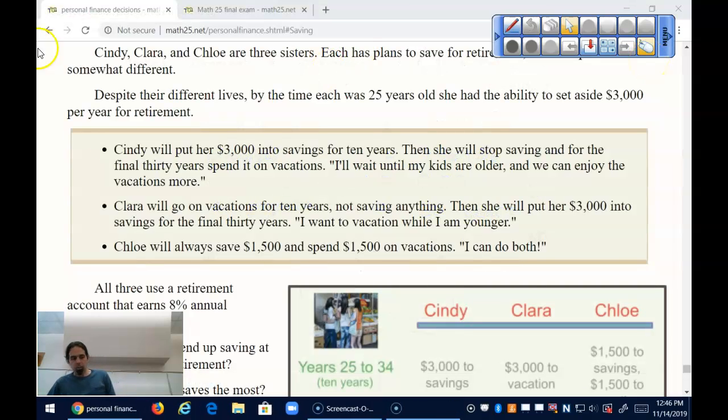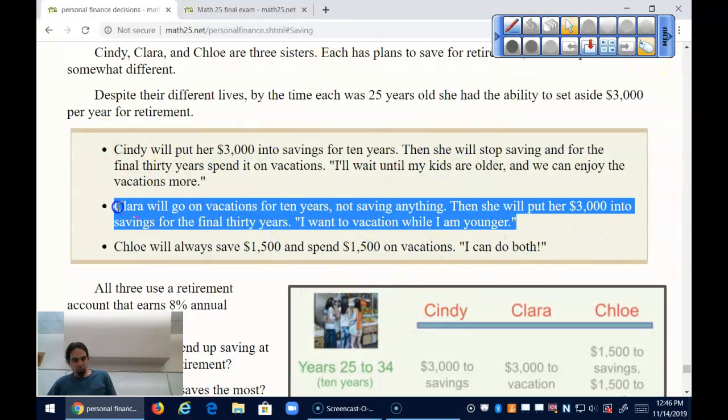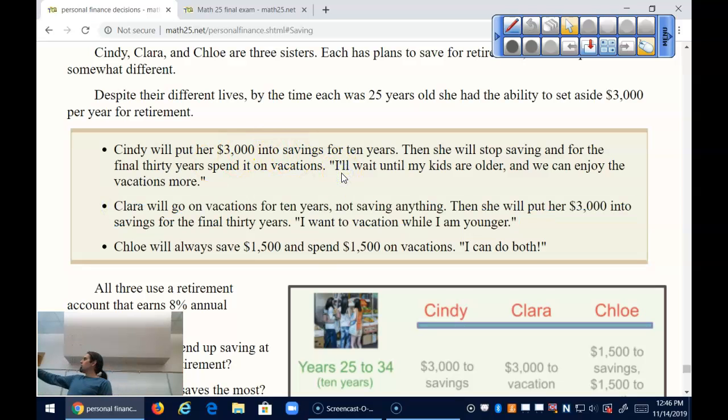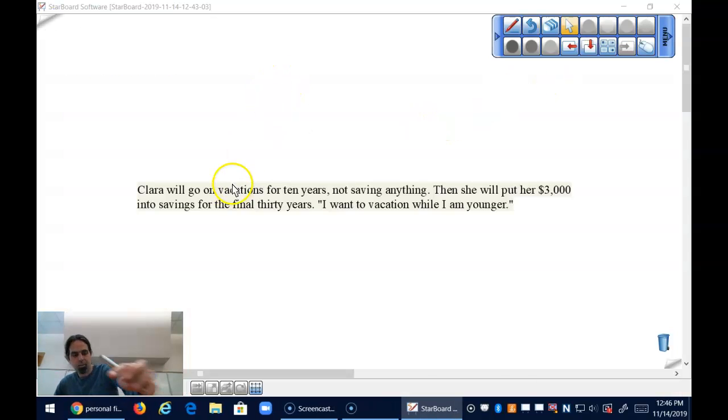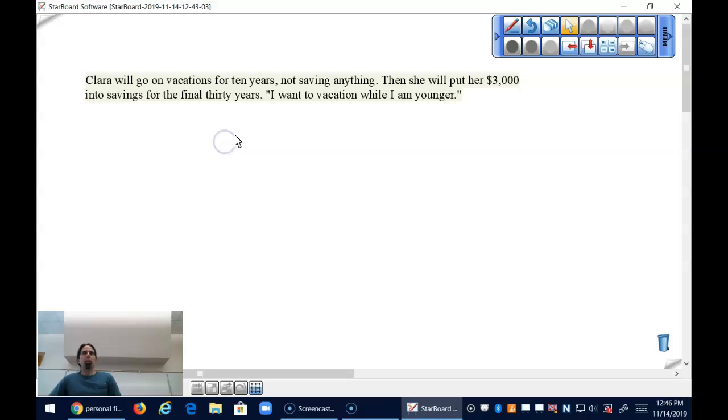Okay, so Clara, she wants to go on vacations when she's young, and then she puts the money in the other 30 years. So she has a lot more that she spends herself. She puts 3,000 in for 30 years. Okay, which formula are we going to use for the 10 years that she does nothing?